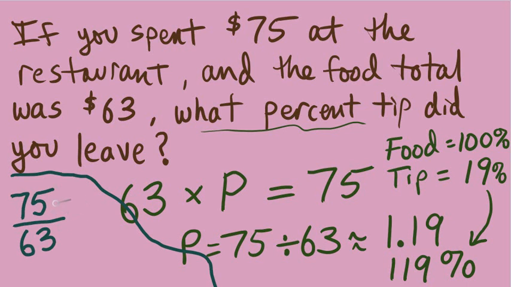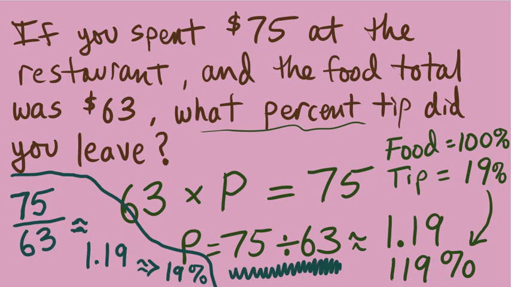So now I'm thinking, well, I'm just comparing these numbers with a fraction, but look at what operation we would do. The exact same that we see right here, 75 divided by 63. So whether we think about the multiplication or division relationship with percents, or we think about comparing numbers, a final amount compared to an original amount, that would give us the same answer, about 1.19. So we're talking about a 19% increase.